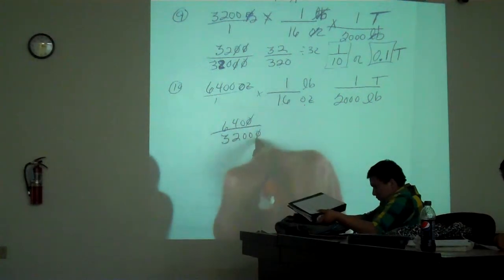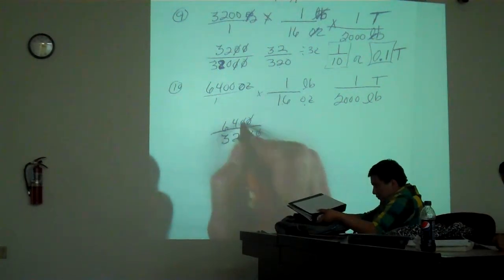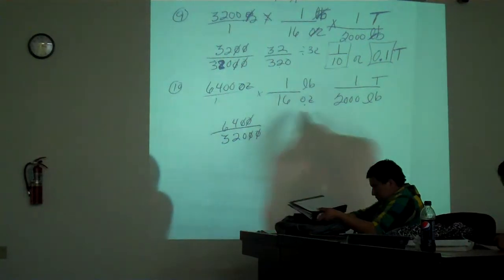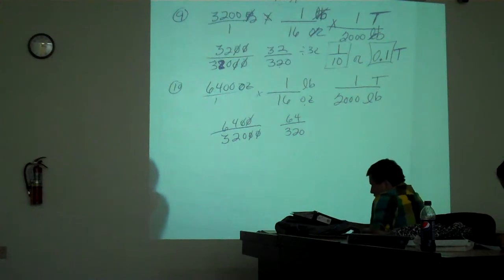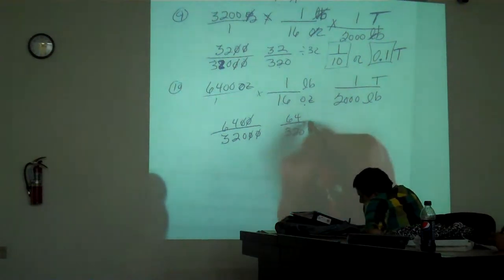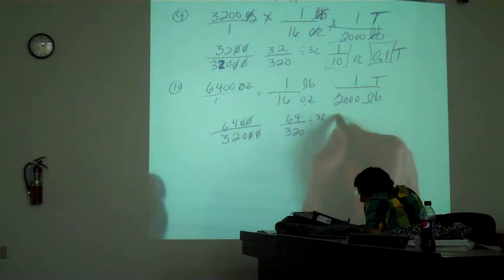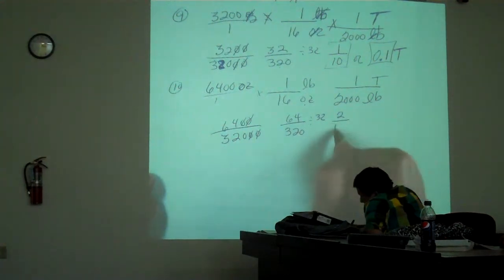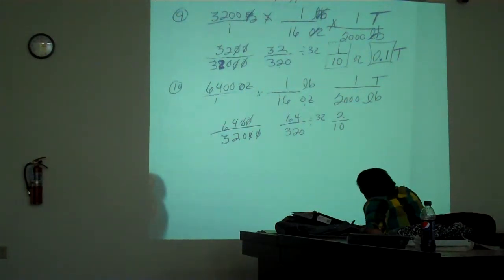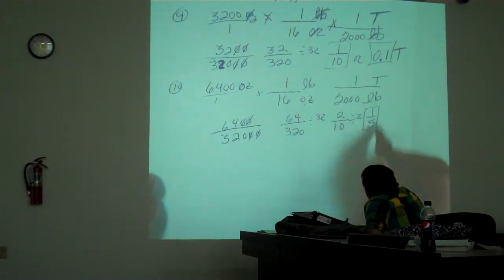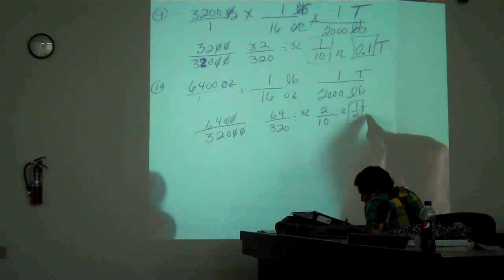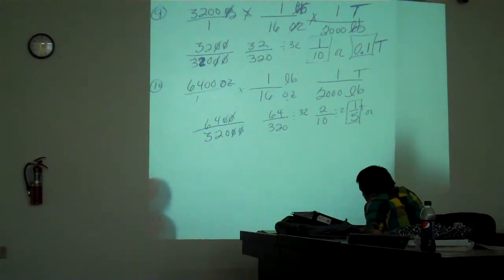Divide by 10, actually divide by 100, that gets rid of 2 zeros. So we have 64 over 320. And divide by 32 again, gives you 2 over 10. I guess we could have divided by 64. Because now we can divide by 2. That gives us 1/5. So you write 1/5 ton, or what's the decimal? 2 tenths.